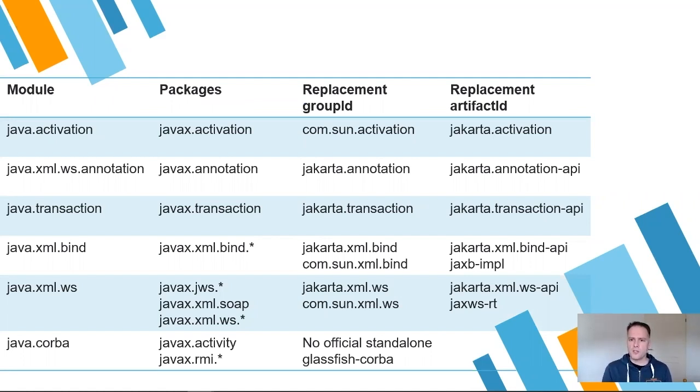For the others, you can see in the column at the right which are the latest versions of the artifacts, which you should use as a replacement for the built-in functionality of the JDK. Keep in mind that, as you see in the column at the right, for JAXB and JAX-WS, there are two artifacts that you need to include. Both the API and the implementation should be included to make sure it still works.